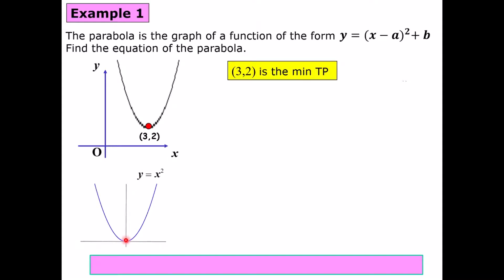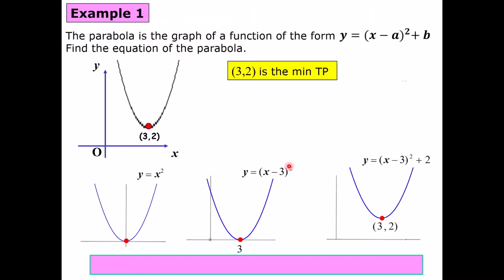We're going to go through a few little steps to see how we get the equation of this parabola by simply moving our original graph y equals x squared. So if we were to move it 3 places to the right, because we're aiming to get to this turning point, our x value has been moved by 3 places. So we've replaced the a with 3.